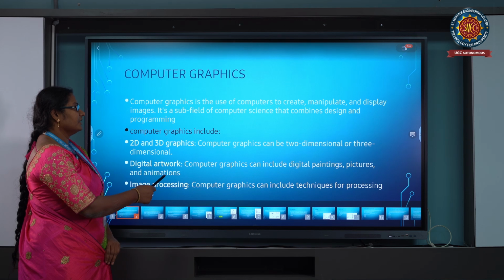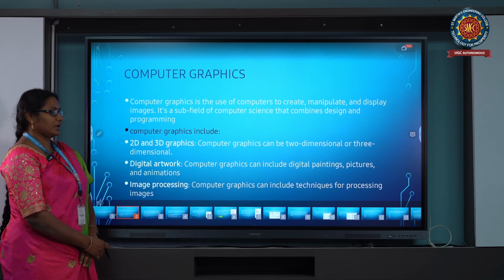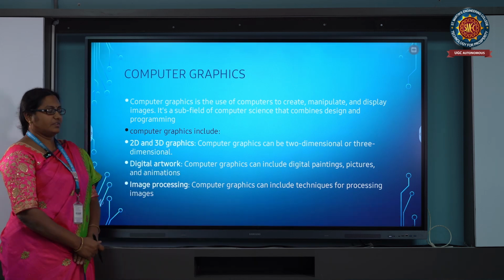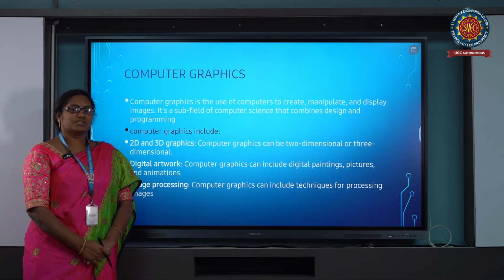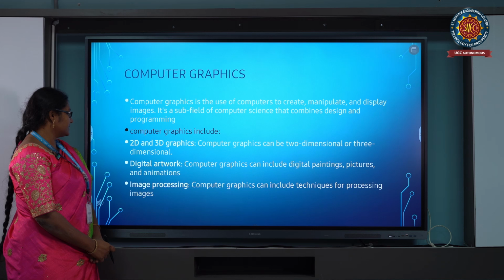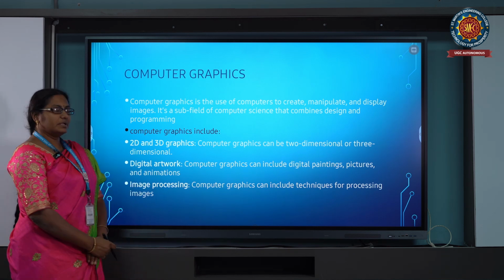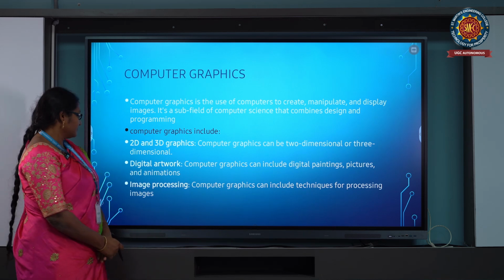It is a subfield of computer science that combines design and programming. Computer graphics includes 2D and 3D graphics. It can represent two-dimensional images and three-dimensional images. Next, image processing. Computer graphics can include some techniques for processing the images.